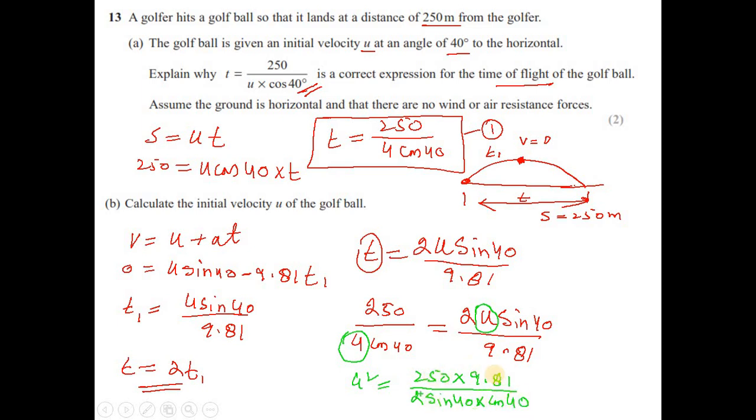You can use your calculator to figure out this number, and after taking the square root, u would be equal to 49.9 meters per second, or you can round it off, u is around 50 meters per second. This is the initial velocity of the projectile.